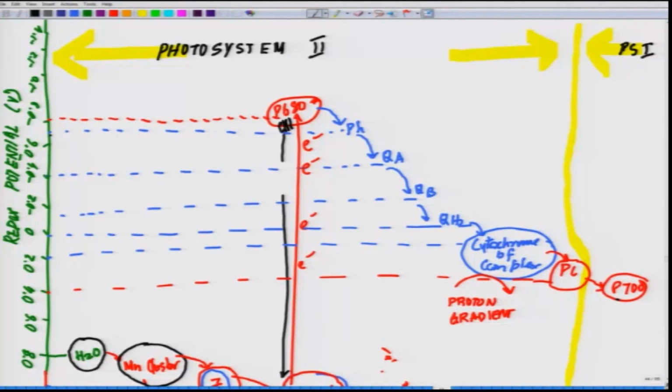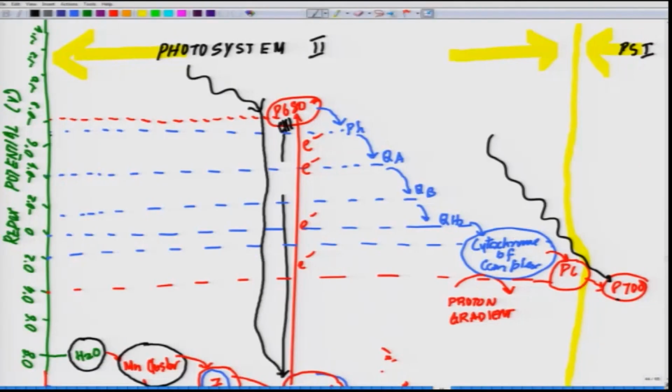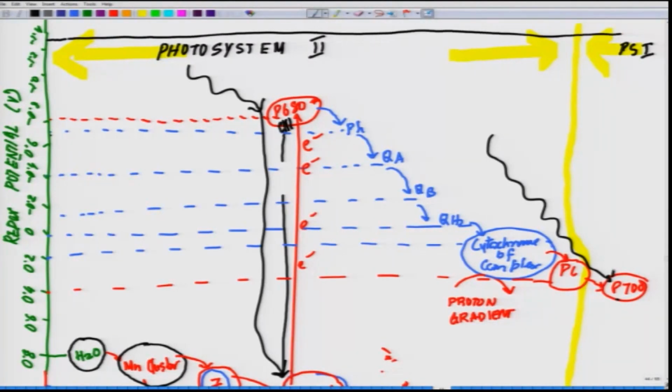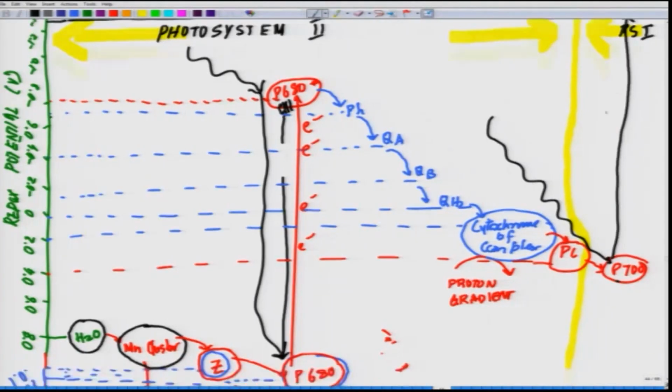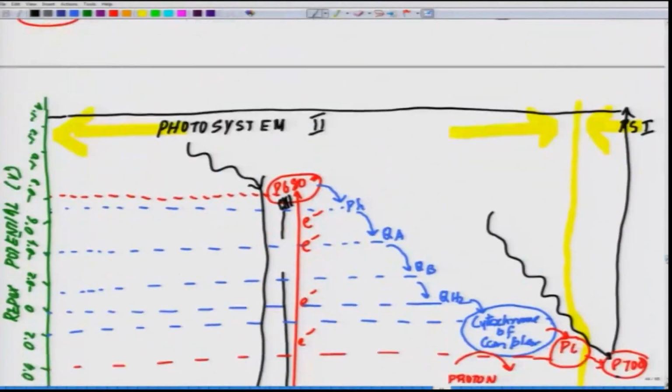Now, at P700, there is an electron which is ejected out, because when the light falls here, I showed you, light has fallen here. So, from here the electron which is ejected reaches all the way to between 1.2 and 1.3, somewhere out here. Here is where the electron reached.